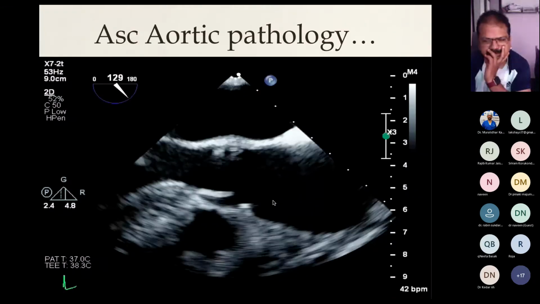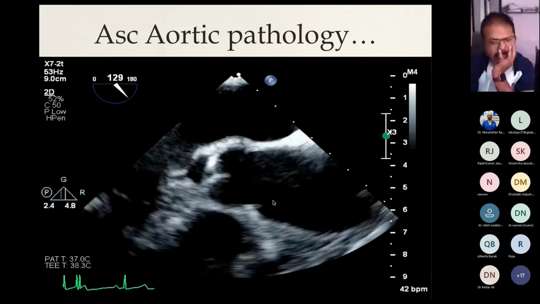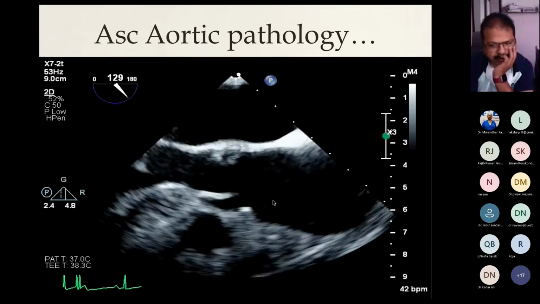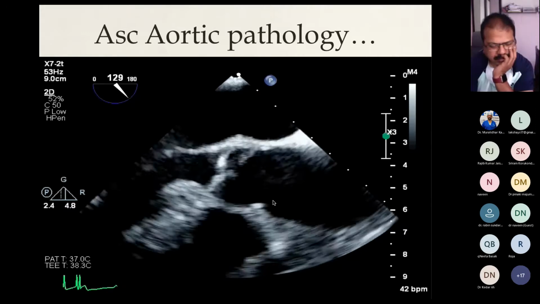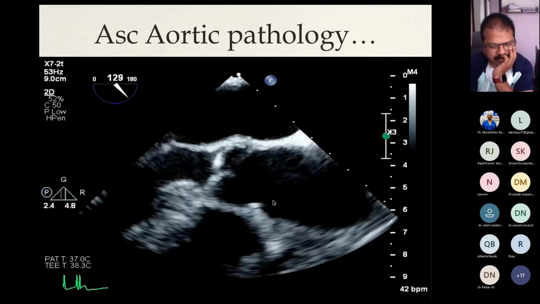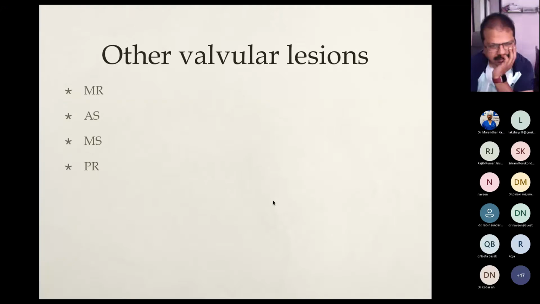Any pathology in the ascending aorta, such as gross calcification or a dilated ascending aorta, should be reported to the surgeon, who has to be very careful. As for other valvular lesions, mitral regurgitation, whatever the degree, even if severe, usually doesn't pose any problem to the LVAD. Usually the MR improves after LVAD.